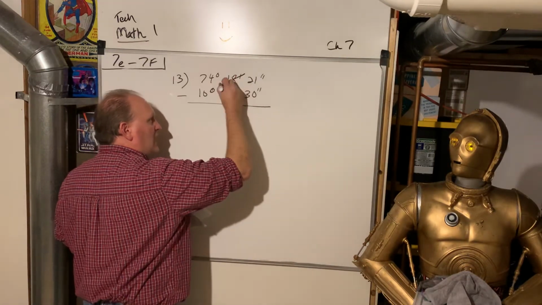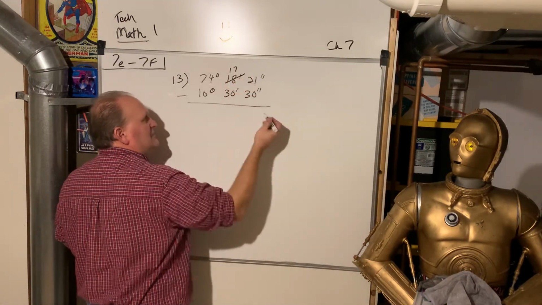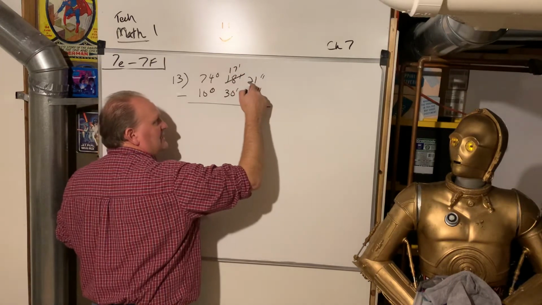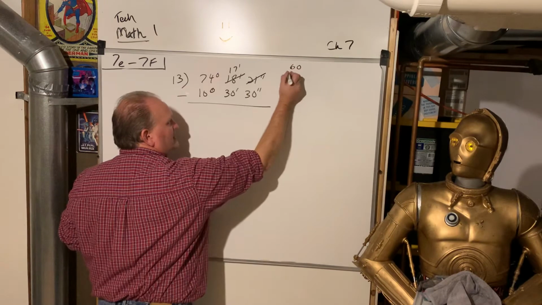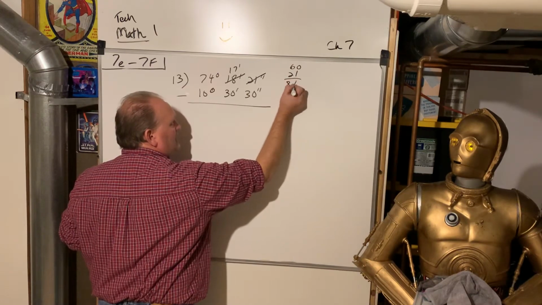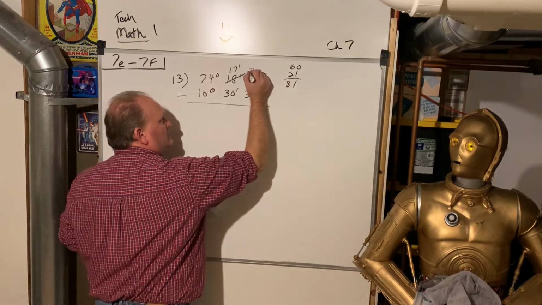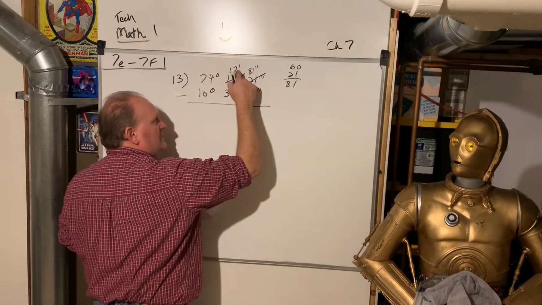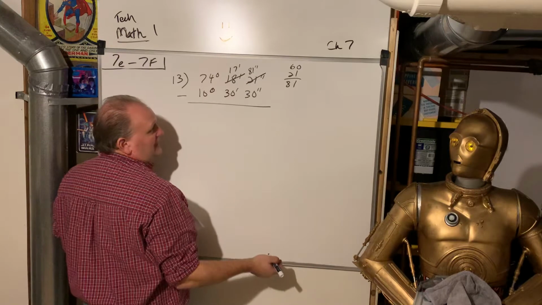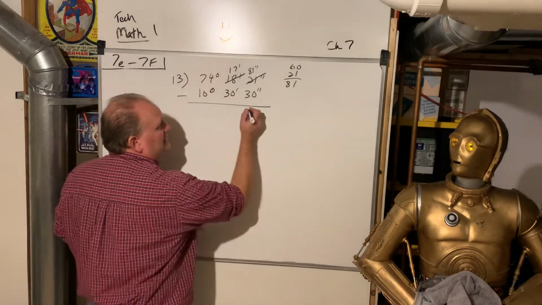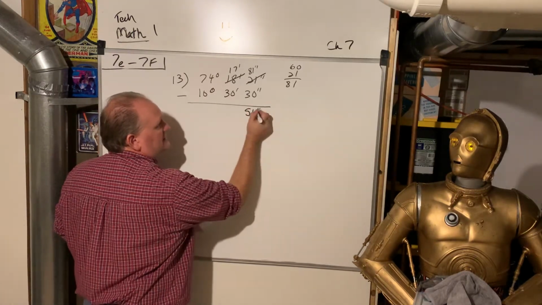So I'm gonna borrow one of the minutes, make that a 17, and then that adds 60 to that number. So 60 plus 21 is 81. So we took a minute away and that added 60 seconds to it. Now we can subtract it. Now 81 minus 30 is 51 seconds.